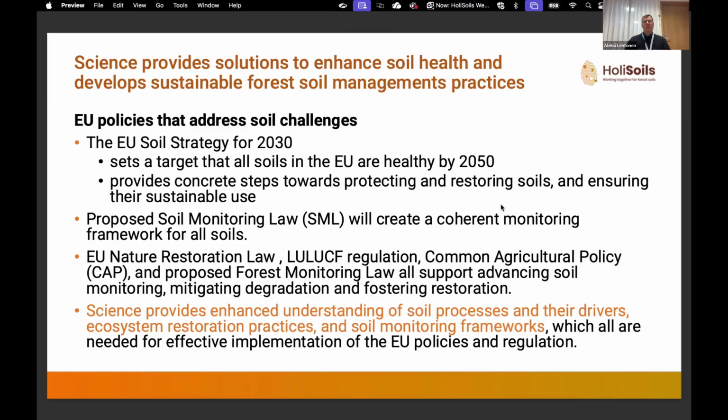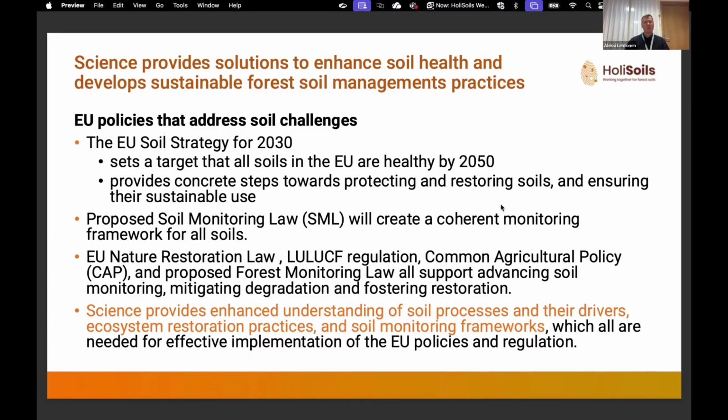About the EU policies, science is able to provide solutions to enhance soil health and develop sustainable forest soil management practices. Here you can see the list of the policies that address soil challenges. We have the EU soil strategy for 2030 that sets the target that all soils in the EU are healthy by 2050, and provides steps for protecting and restoring soils and ensuring their sustainable use.